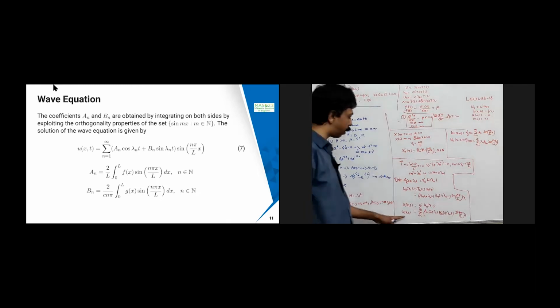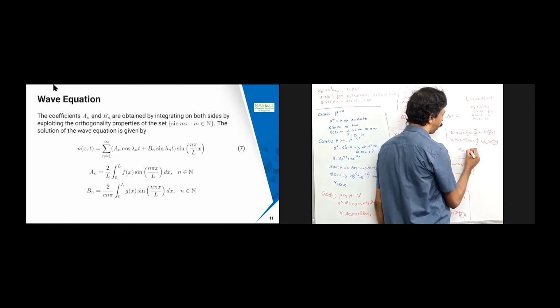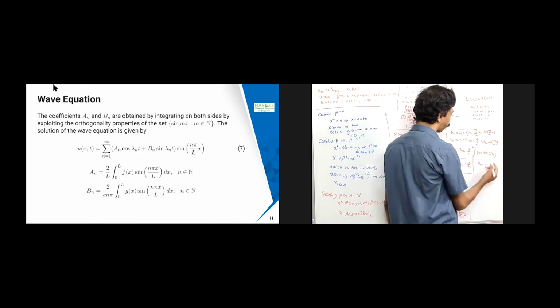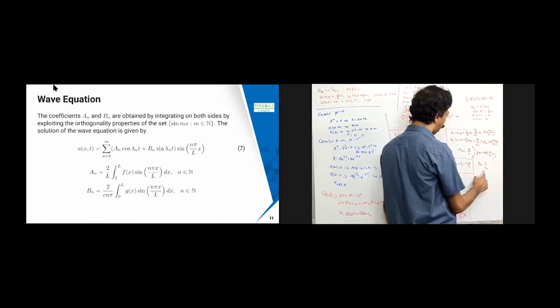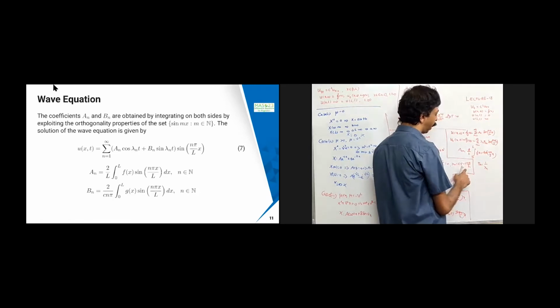So in general, this is the equation, and an is going to become 2 by L integral 0 to L f of x into sin n pi x by L. Similarly, bn is going to become 1 by lambda n, and then 2 by L. Lambda n is nothing but c n pi by L, so L gets cancelled.